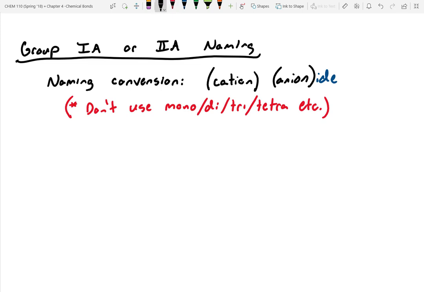So let's take a look at a few examples. And I'm going to do some practice. Let's do the ionic compound that forms between potassium and oxygen.